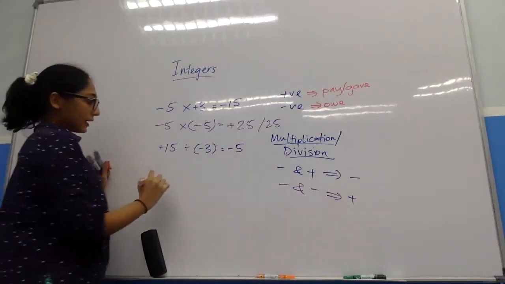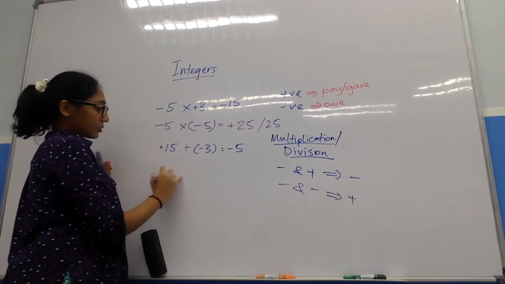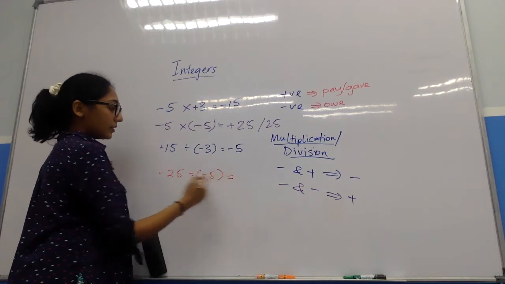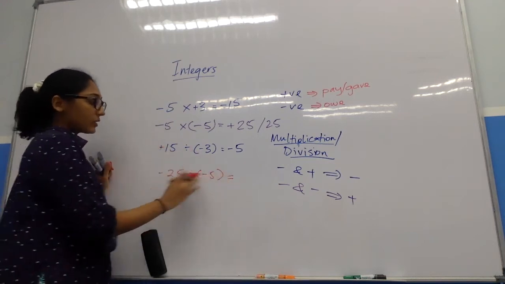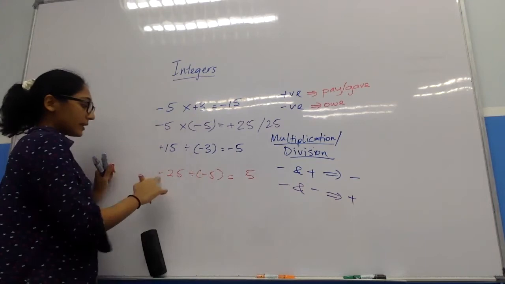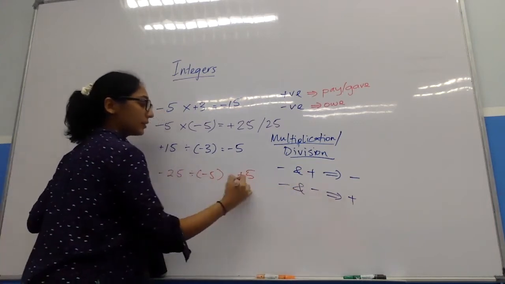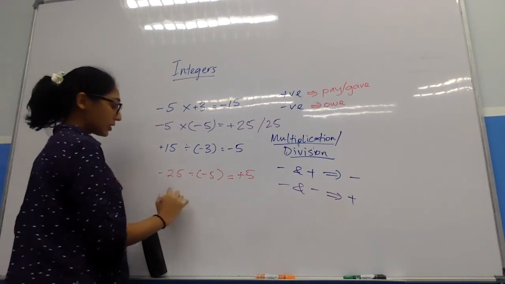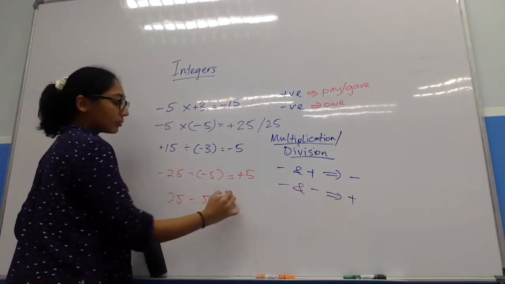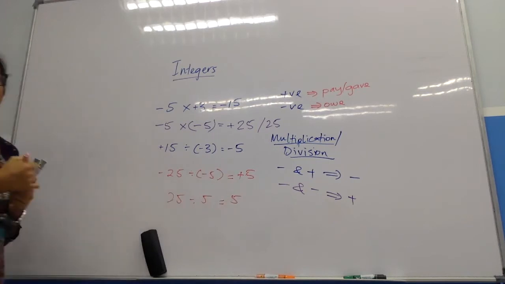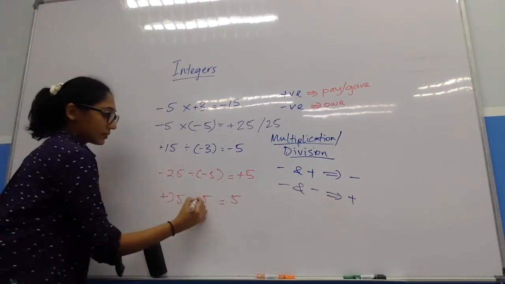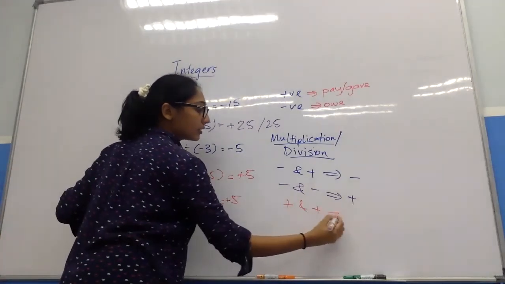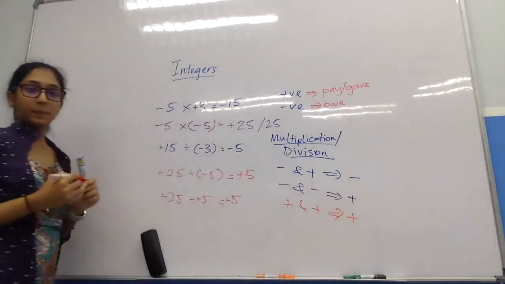Okay, if I have 25 divided by negative 5, I divide as normal first. 25 divided by 5 is 5. Negative and negative becomes positive. If it's just 25 divided by 5, then it's just positive 5, because this is a positive, this is a positive, this becomes a positive. So if both numbers are positive, then you will get a positive answer.